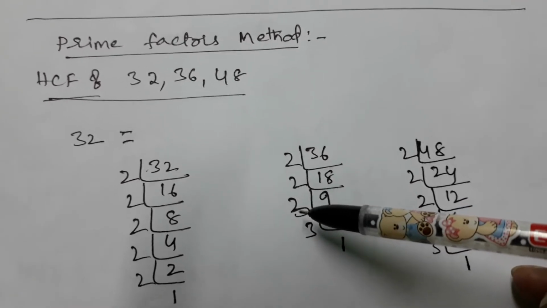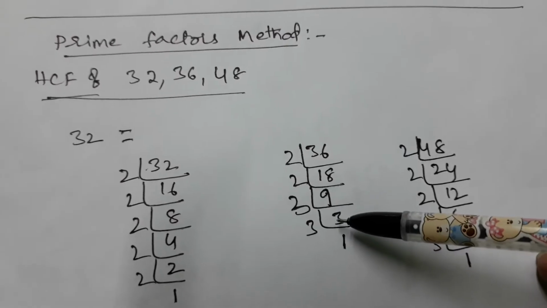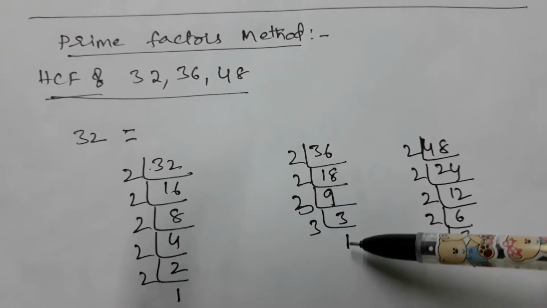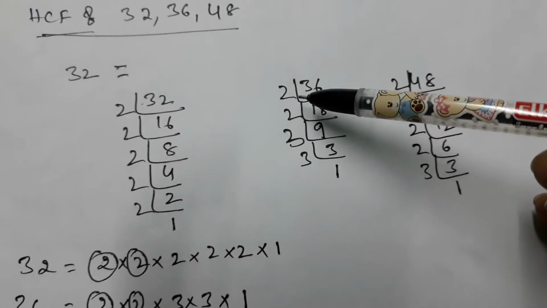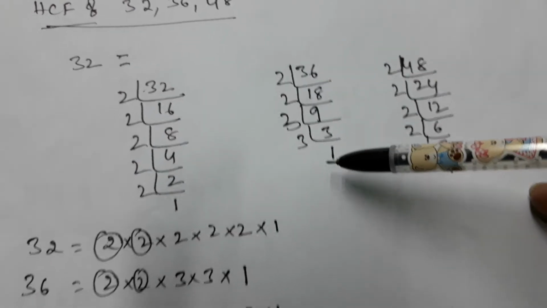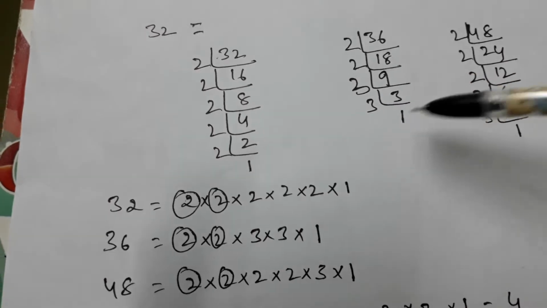Yes, 3 divides. 3 is also a prime number, so you can take it. 3 3s are 9. Divide this 3 again by 3: 3 1s are 3. So what are the factors of 36? 2 into 2 into 3 into 3 into 1. You can write 36 as 2 into 2 into 3 into 3 into 1.